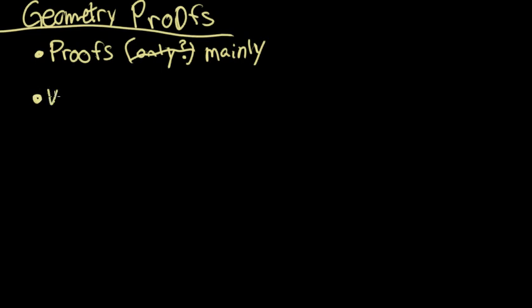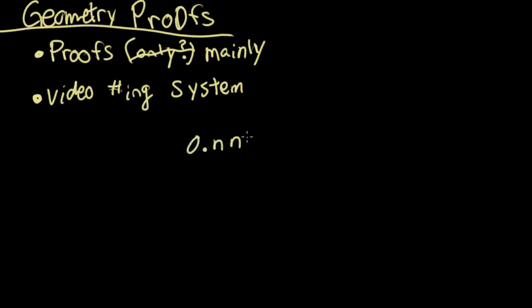And the other thing I need to go over is the video numbering system. So, all the videos, I start out with videos numbered 0.NNN, and these are videos, actually I should probably do that in a different color.